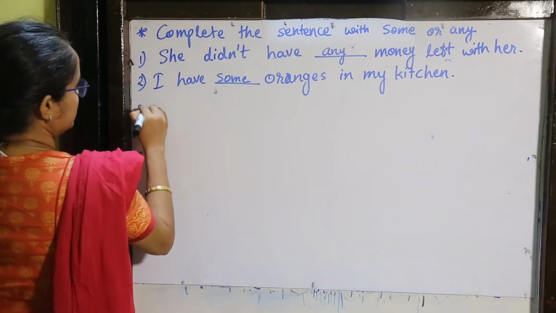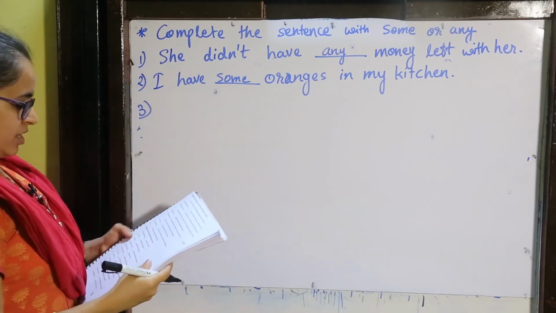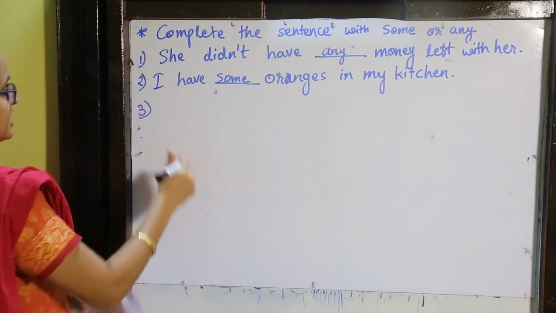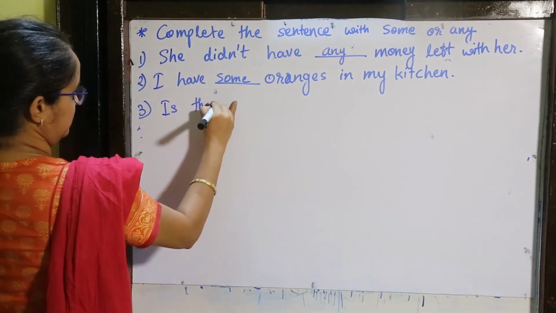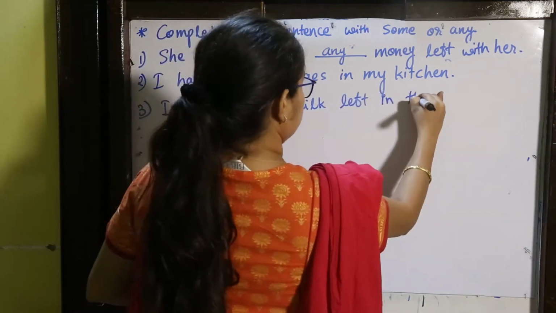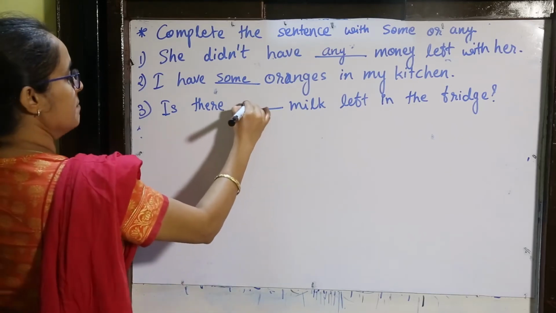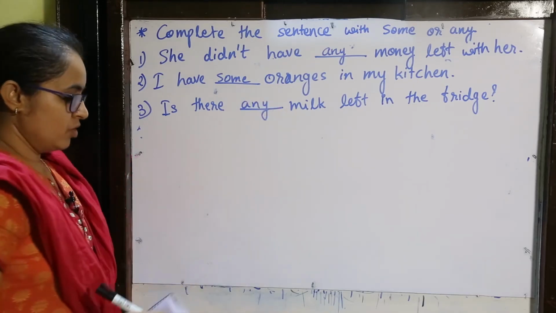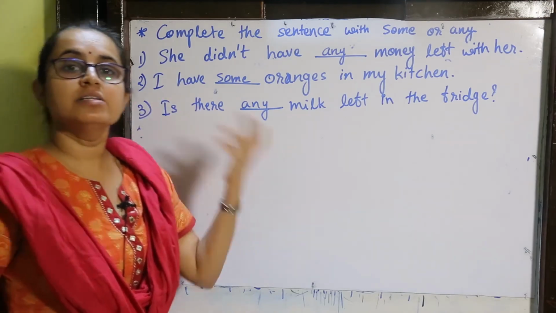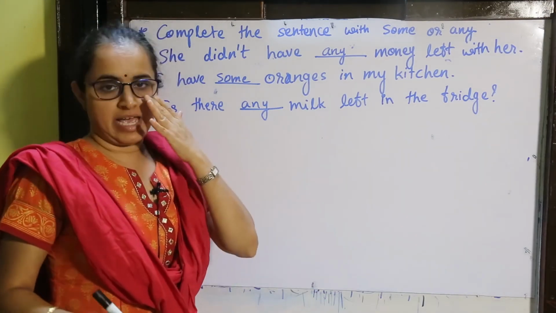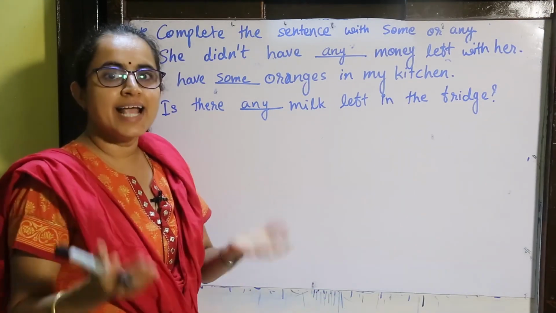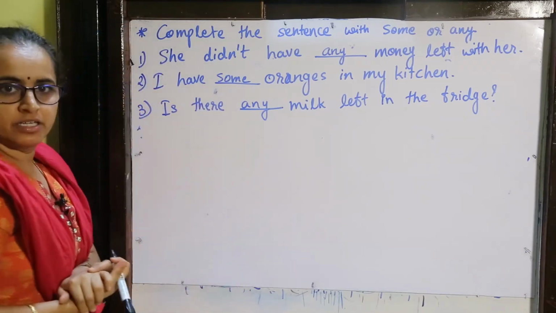Okay. Now, is there any milk? Why not some milk? Because the answer can be uncertain. The answer can be yes or no. We don't know the answer. That's why any milk.